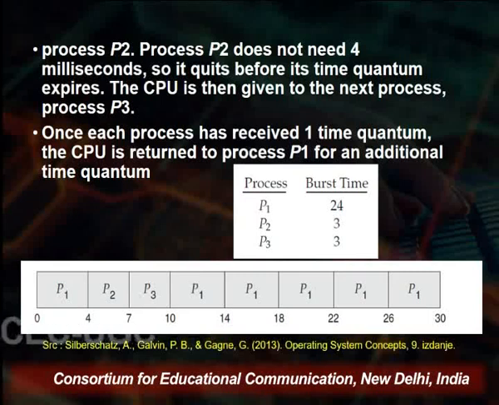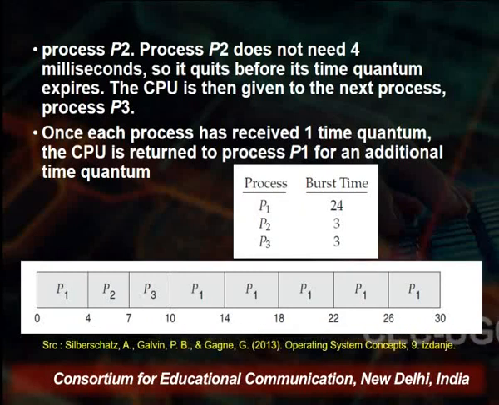Now, P2 requires the CPU only for 3 milliseconds, which is less than the quantum. The quantum is 4 milliseconds. So, before the quantum expires, process P2 finishes and then the CPU is assigned to process P3, which also requires only 3 milliseconds. After process P2 and P3 have completed, the CPU will be assigned back to process P1, which is still left with 20 milliseconds of its CPU burst.